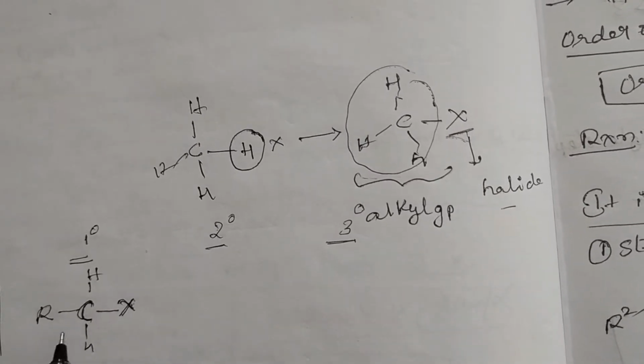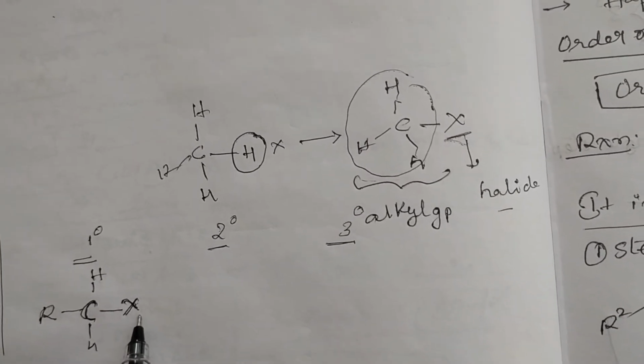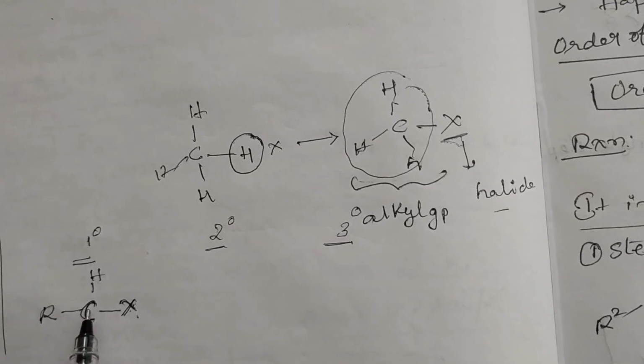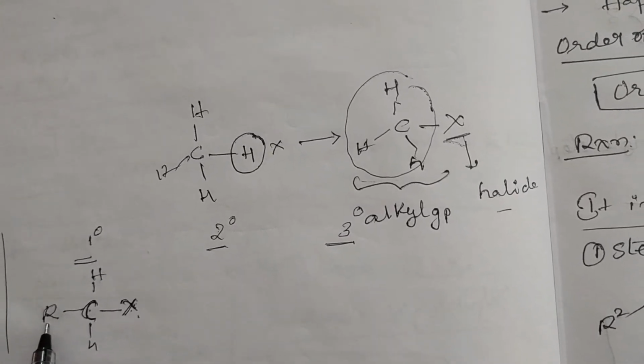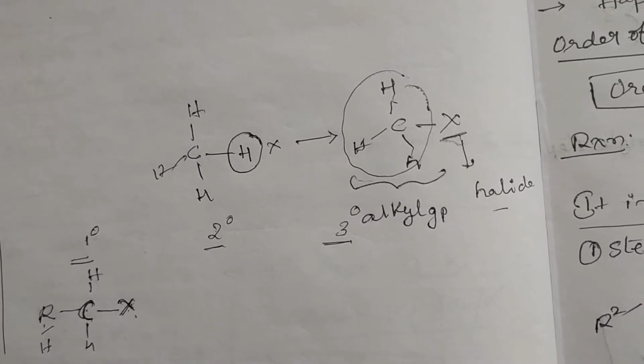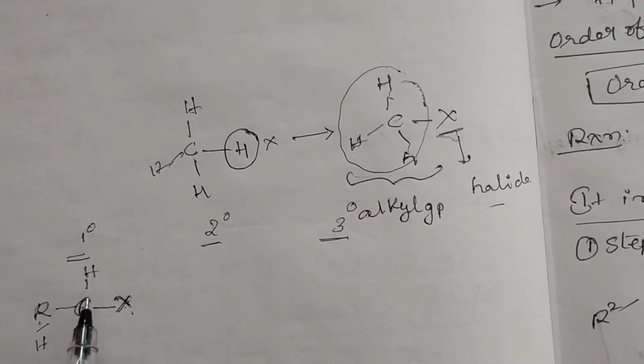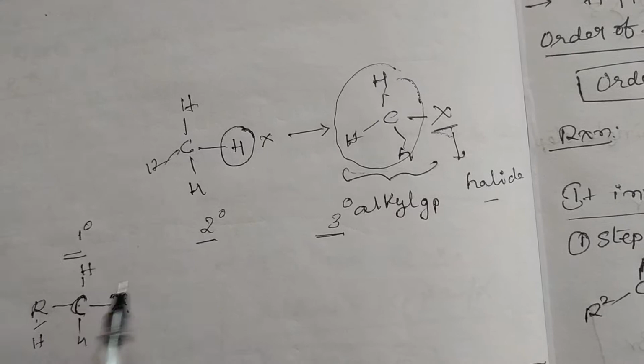It is called a primary alkyl halide. A halogenated carbon attached to any one alkyl or hydrogens only is called a primary alkyl halide.